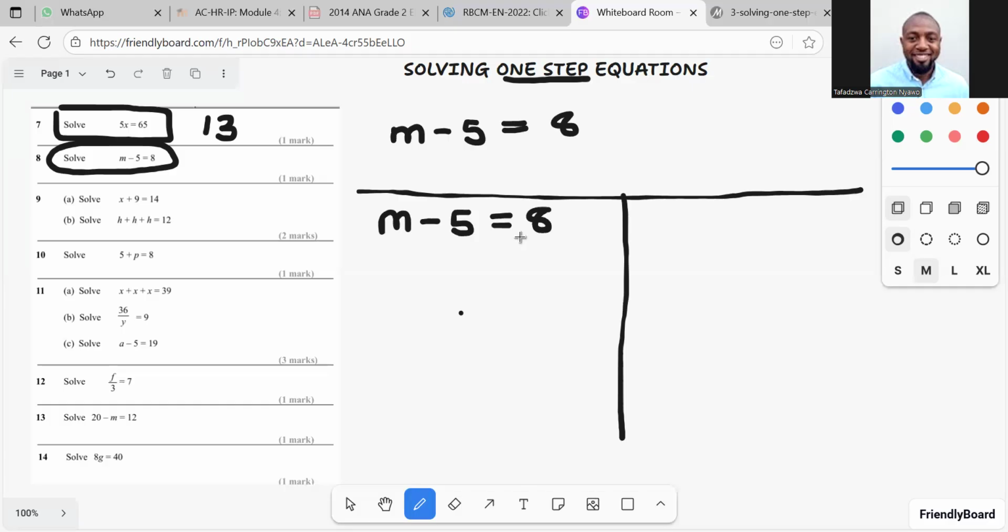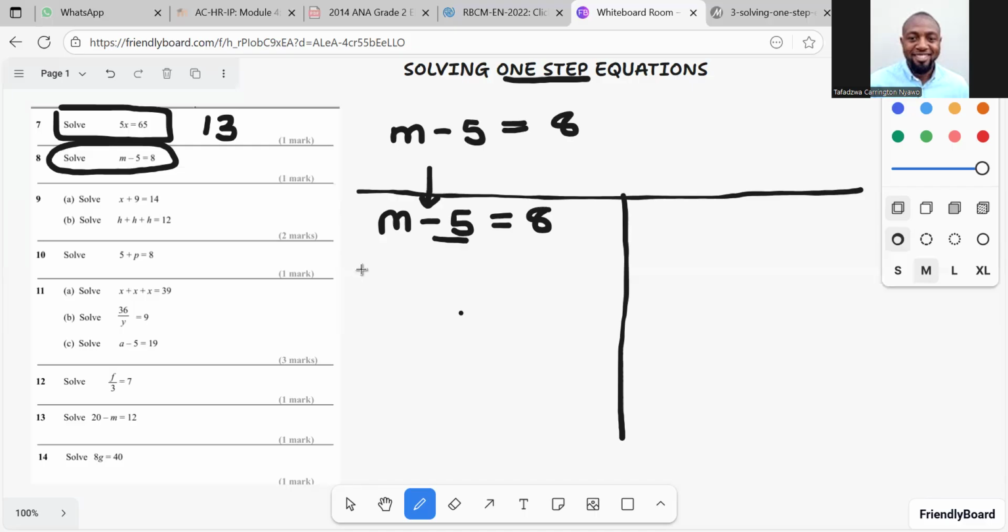So what do I need to get rid of from m so that m can be the subject of formula? I need to remove this negative 5 from m. And you can see that there is a minus here. So in order to remove that minus 5 from m, I need to apply the inverse of minus, which is plus.